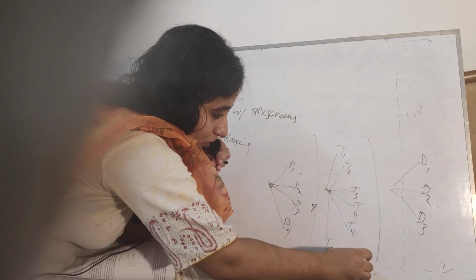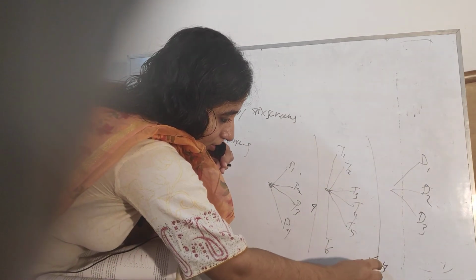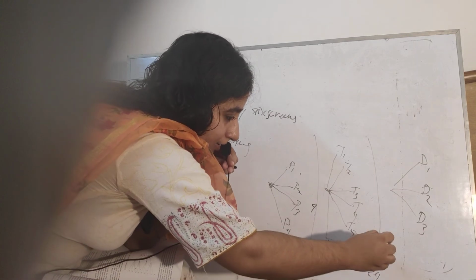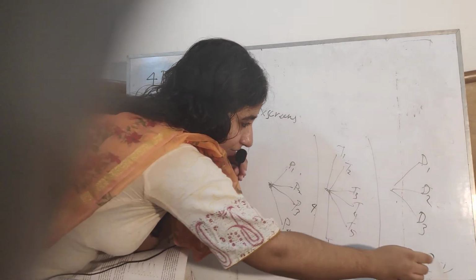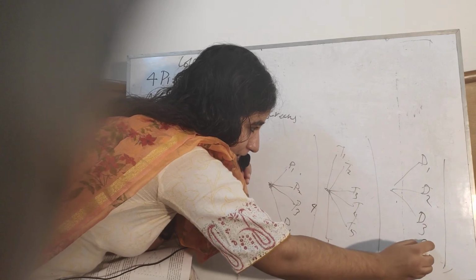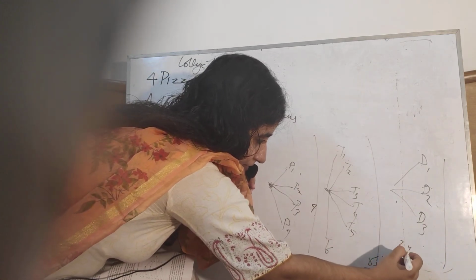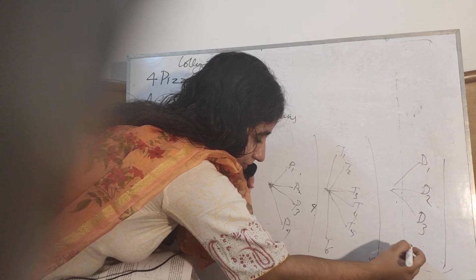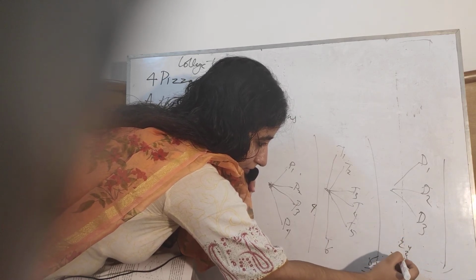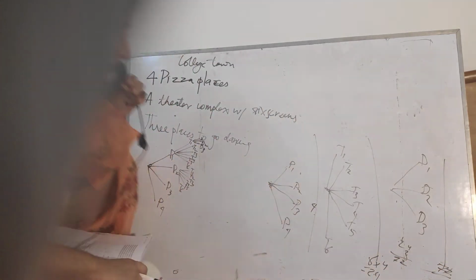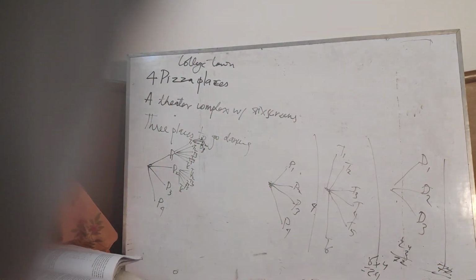We have 6 into 4, that would be 24. And then how many tips do we have here? We have 24 into 3. That would be 72 possible tips.